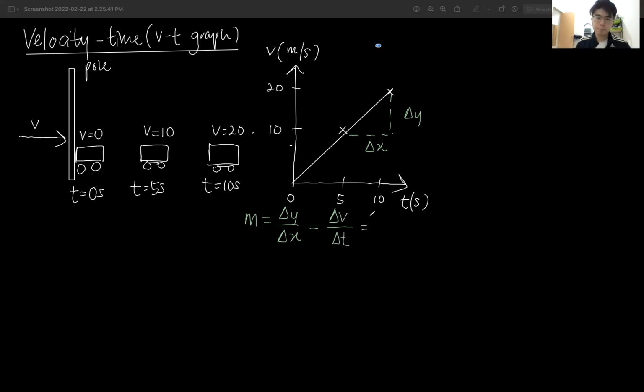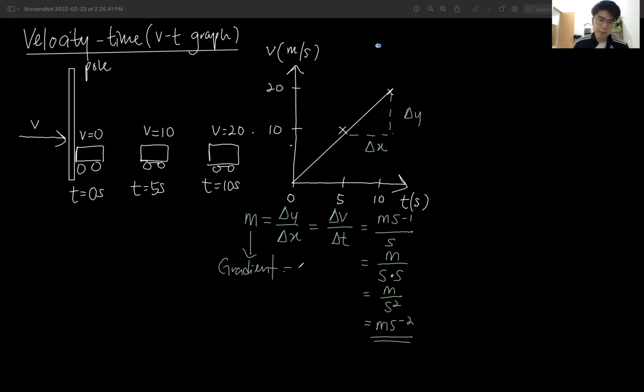I put the unit in: ms^-1 divided by s. What do I get? This s^-1, I can bring it down. m/s over s equals m/s squared, which is ms^-2. What is this? This is the unit for acceleration. So from the unit, I know that the gradient of a VT graph is going to be acceleration.